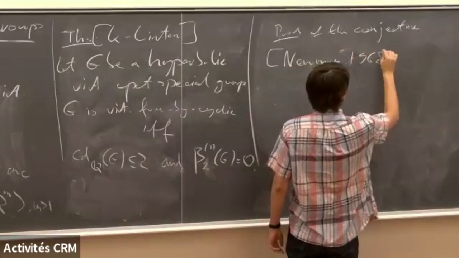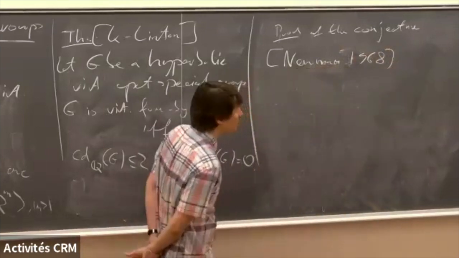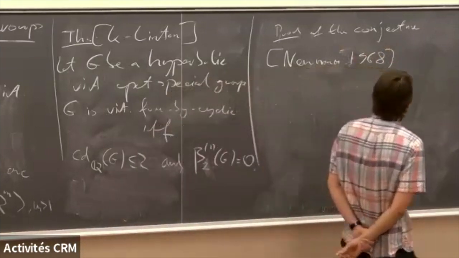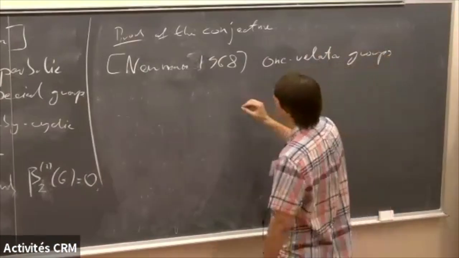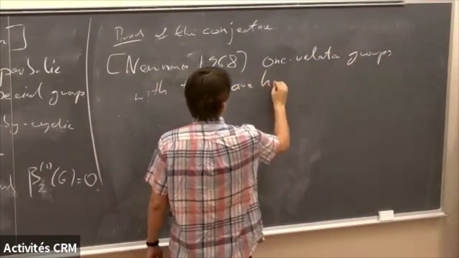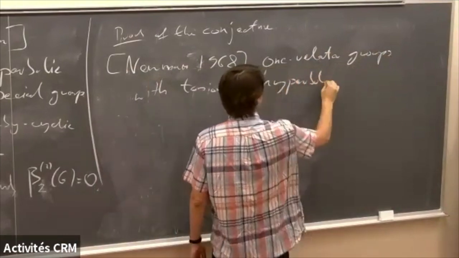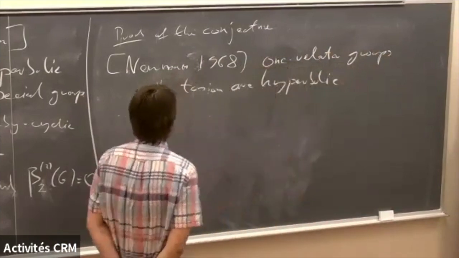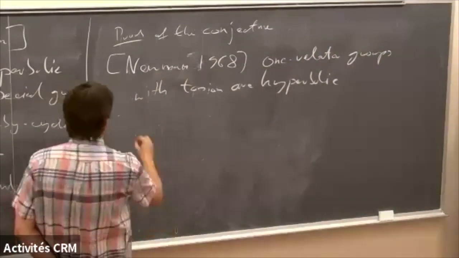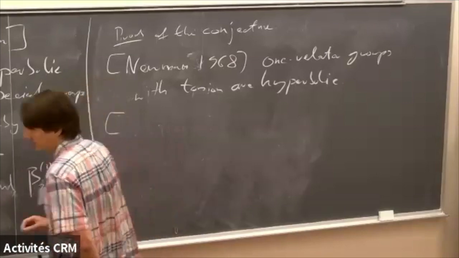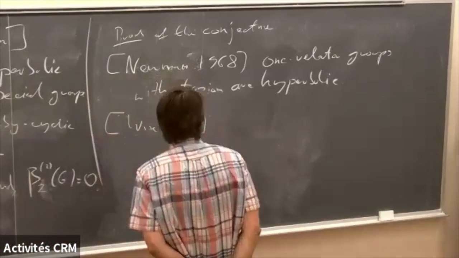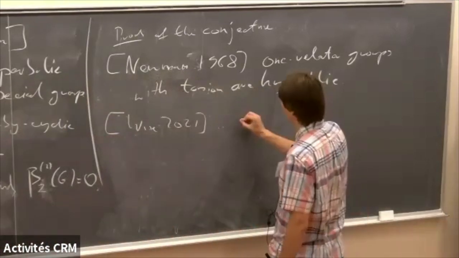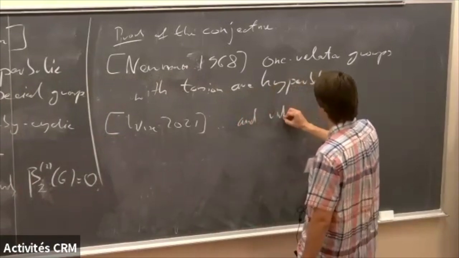When other people had better things to do in 1968, Newman was proving theorems, and he proved that one-related groups with torsion often are hyperbolic. He didn't use the word, but that's what he proved. Then we have a more recent result, by Wise in 2021, and what they showed is that these groups are also virtually compact special.